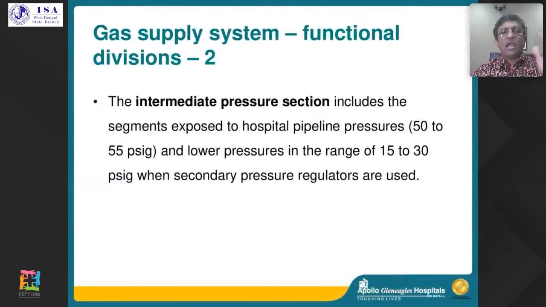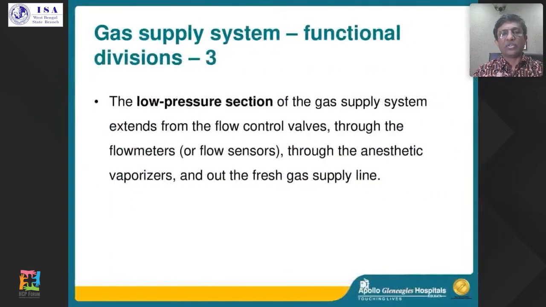The intermediate pressure system includes the segments exposed to the hospital pipeline pressures, which are around 50 to 55 psig, and then it gets downgraded, in some places to as low as 13, 15, 10, 5, where the secondary pressure regulators are used.